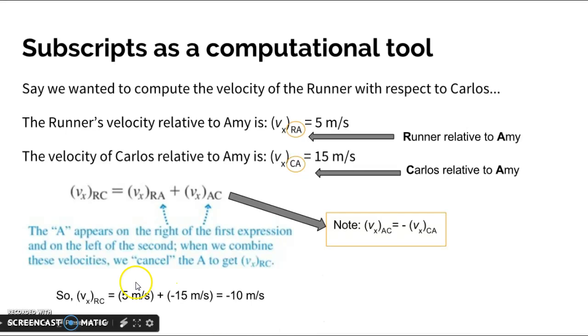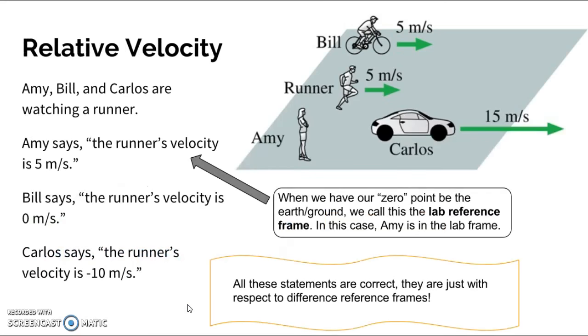So we plug in our 5 meters per second, we subtract our 15 meters per second, and we get an answer of negative 10 meters per second. That is the velocity of the runner with respect to Carlos, which is what we saw on the page before. Right here.